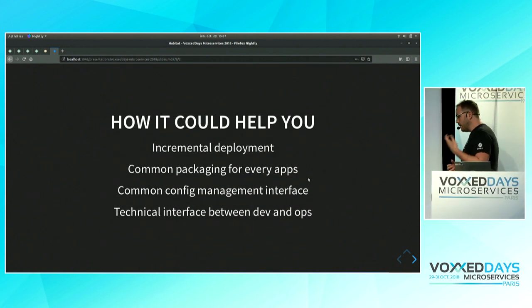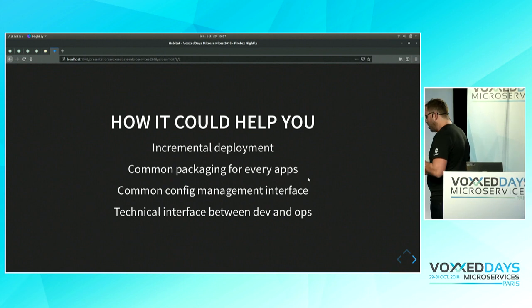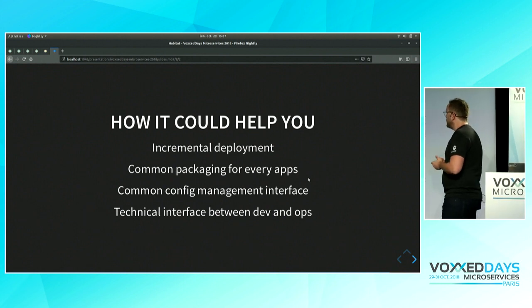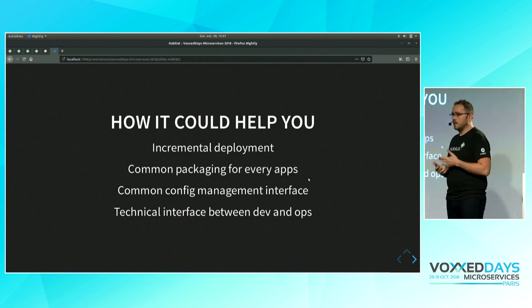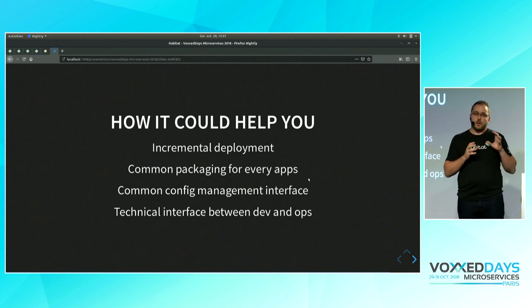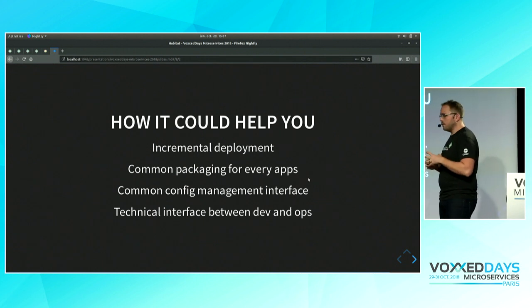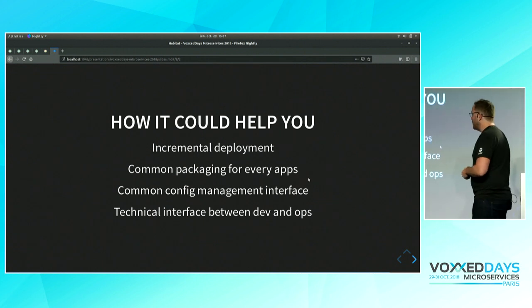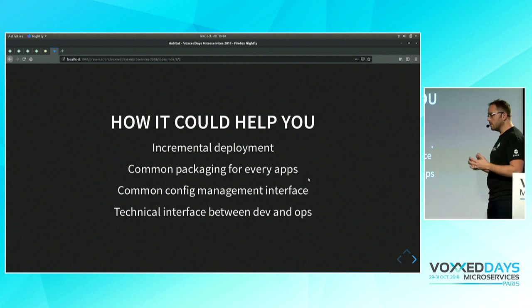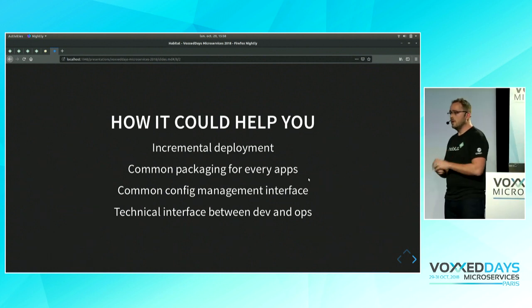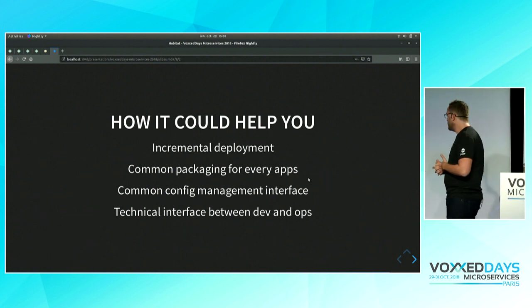And how it could maybe help you. The nice thing about Habitat is it's an incremental deployment model, so you can use it for very specific parts of your pipeline. You're not forced to use everything at once or at all. You can just use it to package Docker, for example, and then deploy to Kubernetes the way you want.